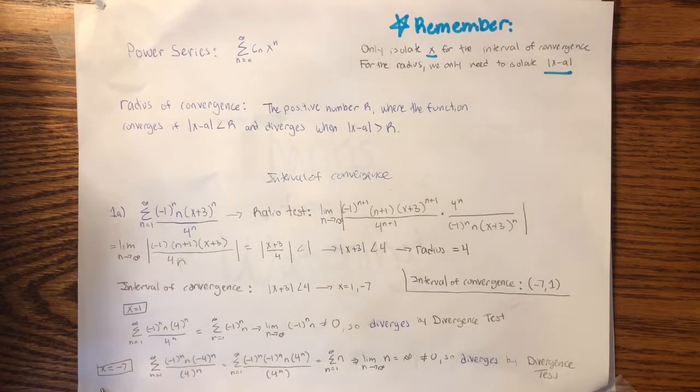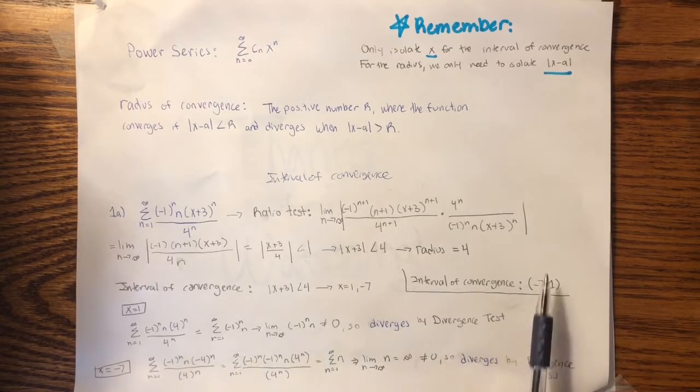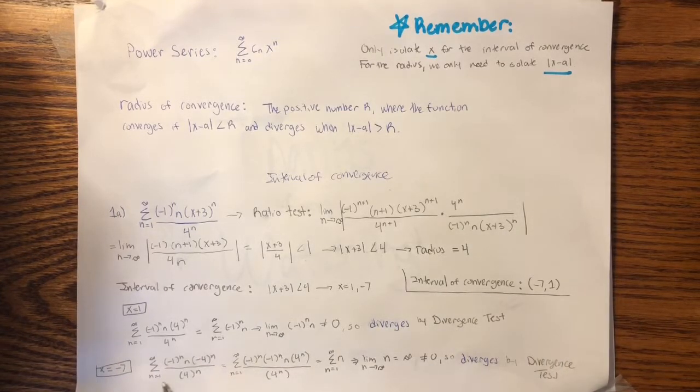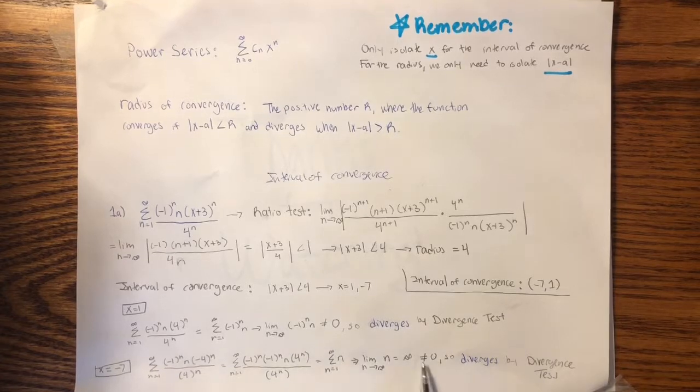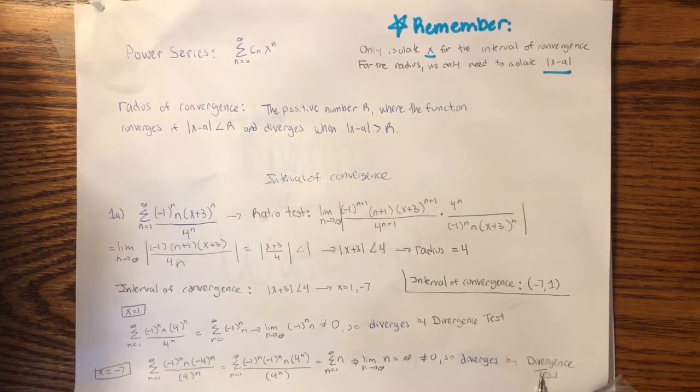When we plug in x equals negative 7, we also plug it into the original series, and we also see that the limit as n goes to infinity is not 0, so we can say it diverges by the divergence test.